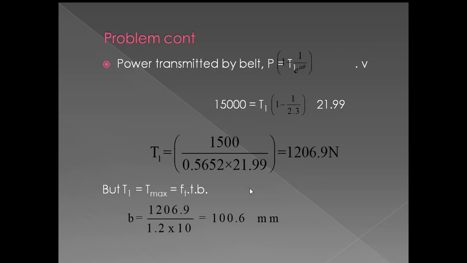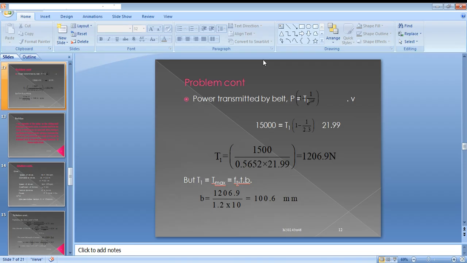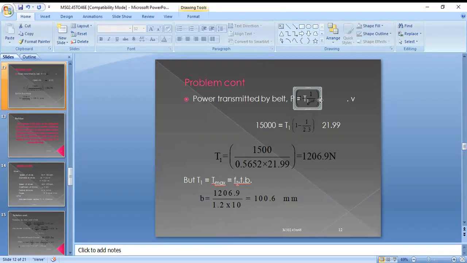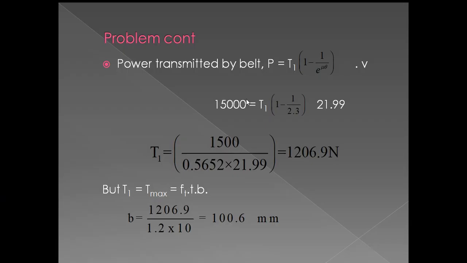Now here power transmitted by belt, P, equal to T1 into 1 minus 1 by e power mu theta into V. So here we know the power transmitted P, and e power mu theta is known, and the speed of the belt is already found out.